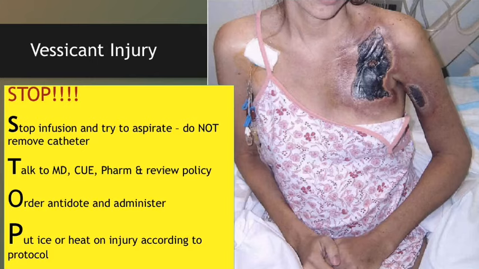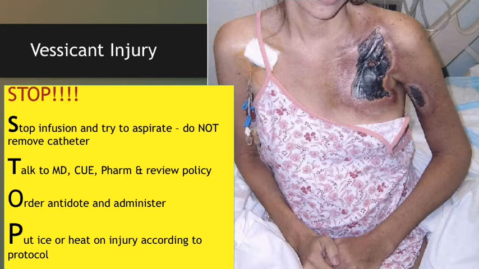Vesicant injuries. Vesicant injuries are a big deal. This is somebody who's getting a vesicant chemotherapeutic agent through a port. Oh, but we're using a central line. We're using an implanted port. We're using a Groshong. That shouldn't happen. It happens. Either because people haven't accessed the port correctly, the port's leaking, or there's a disconnect between the actual port and the line.